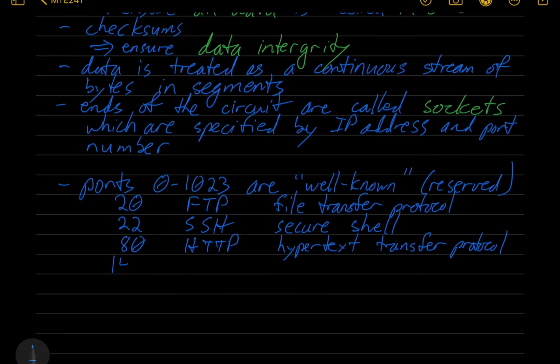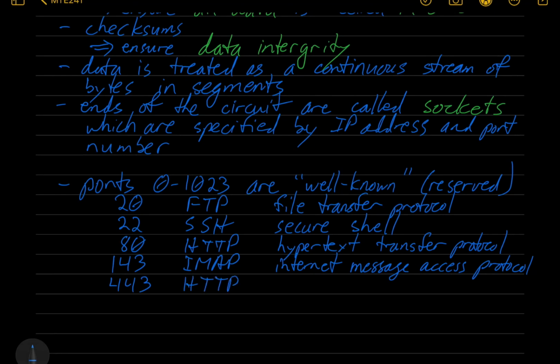and we've got 143 is used for IMAP, which is the Internet Message Access Protocol, often used to access your email. Port 443 is for the secure version of HTTP, so it's HTTPS, so secure HTTP.